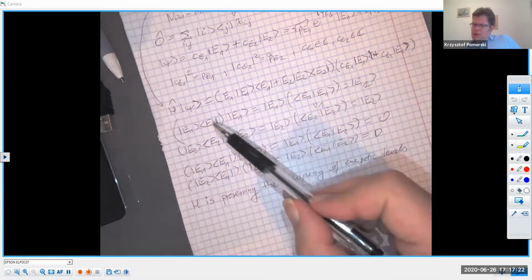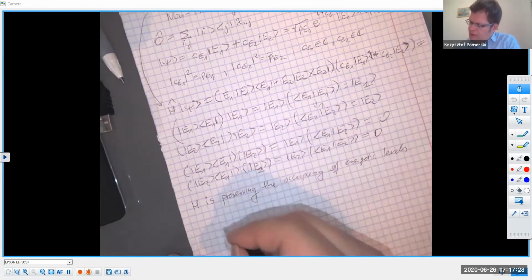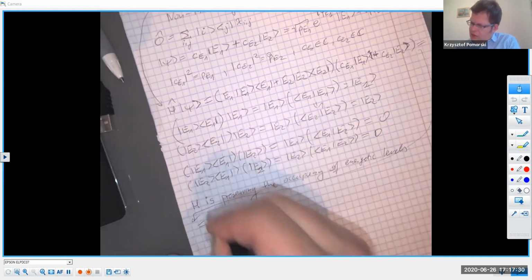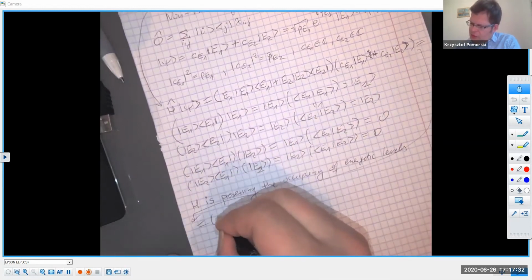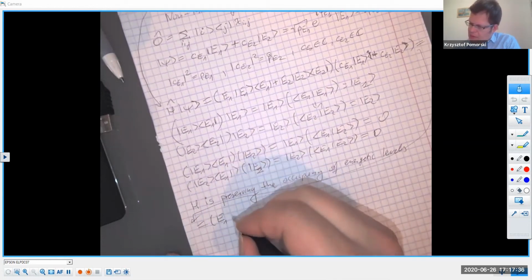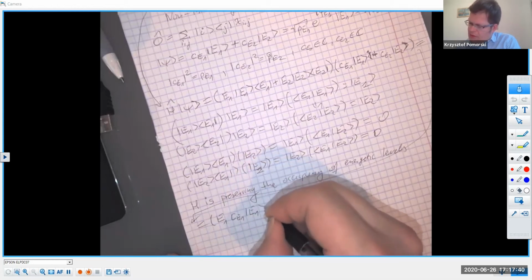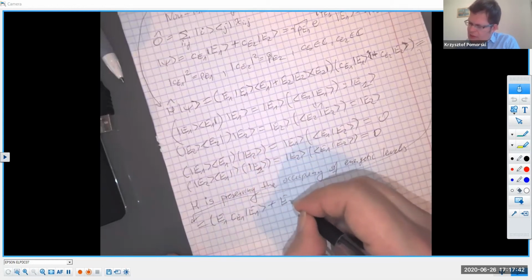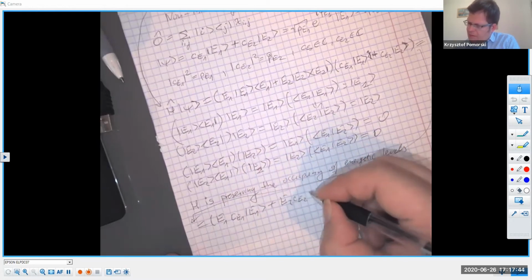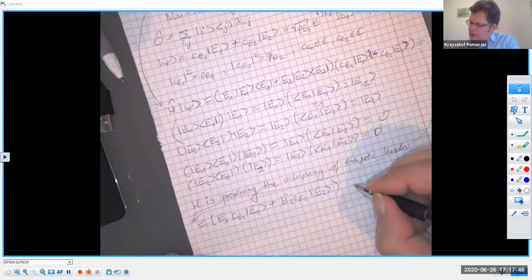This operator is not able to do it, right? So the result of this operator action is something like that.